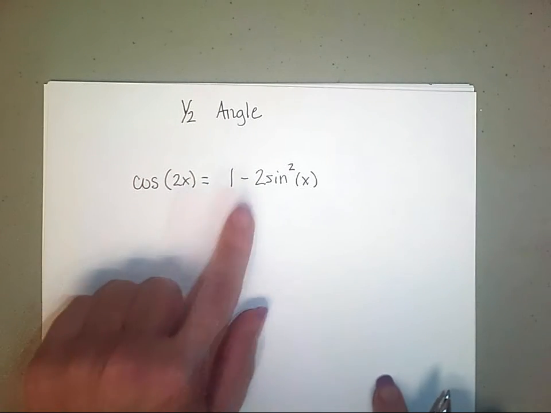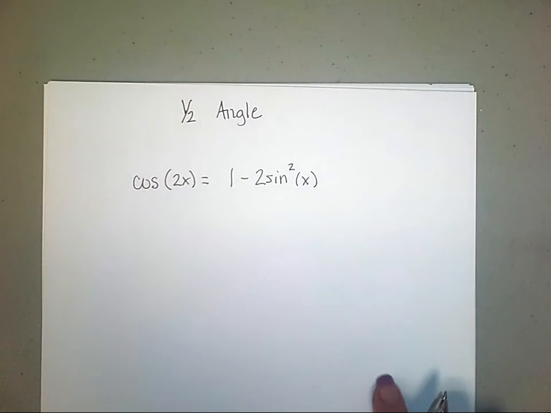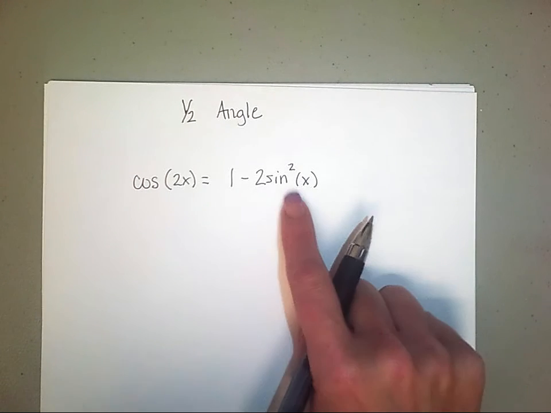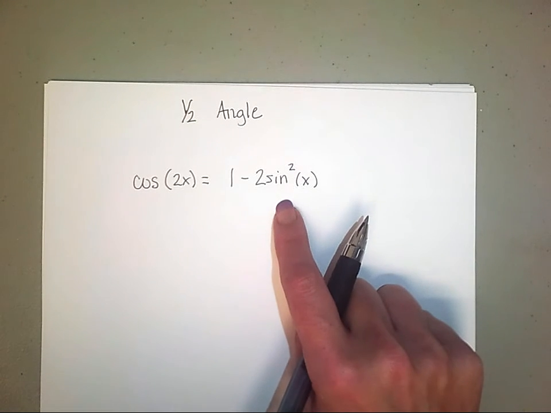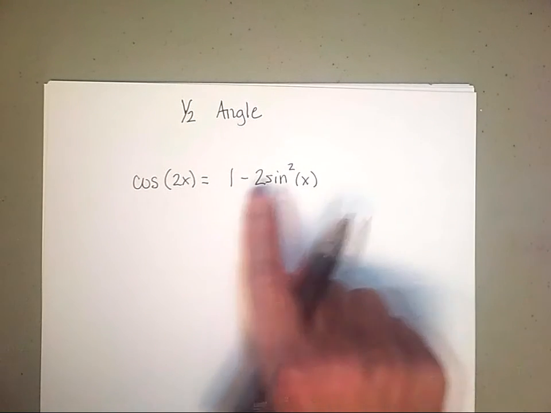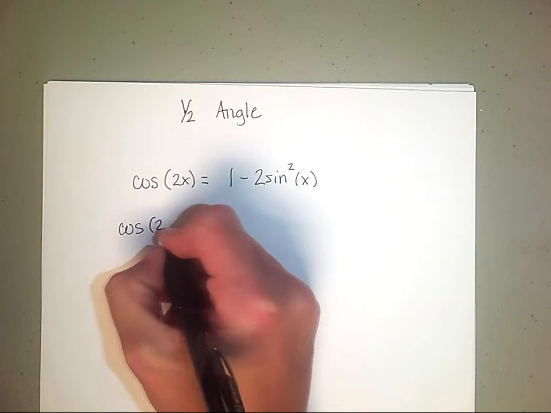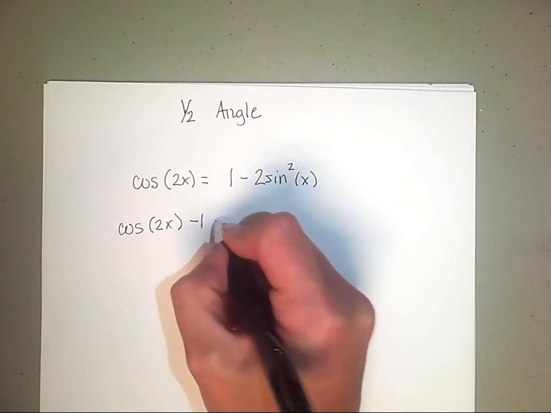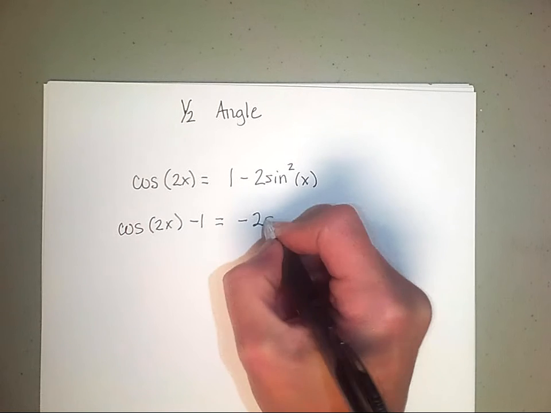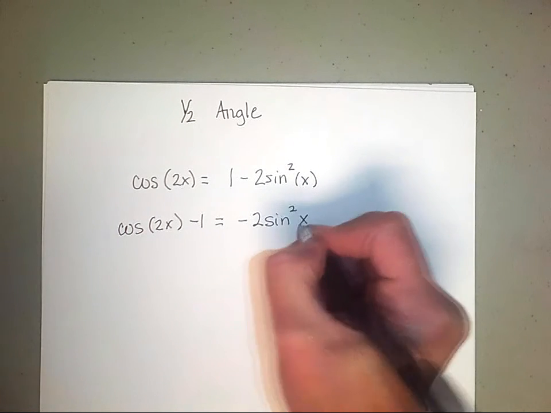We know this from before. So what happens if I want to solve this for sine? Let's try that. To do that, I'm going to need to subtract off 1. So I have the cosine of 2x minus 1 is equal to minus 2 sine squared of x.